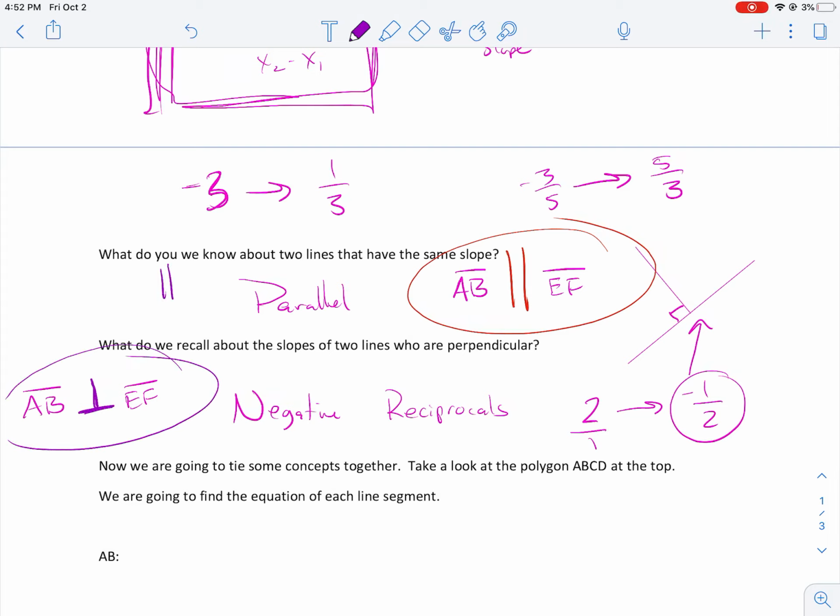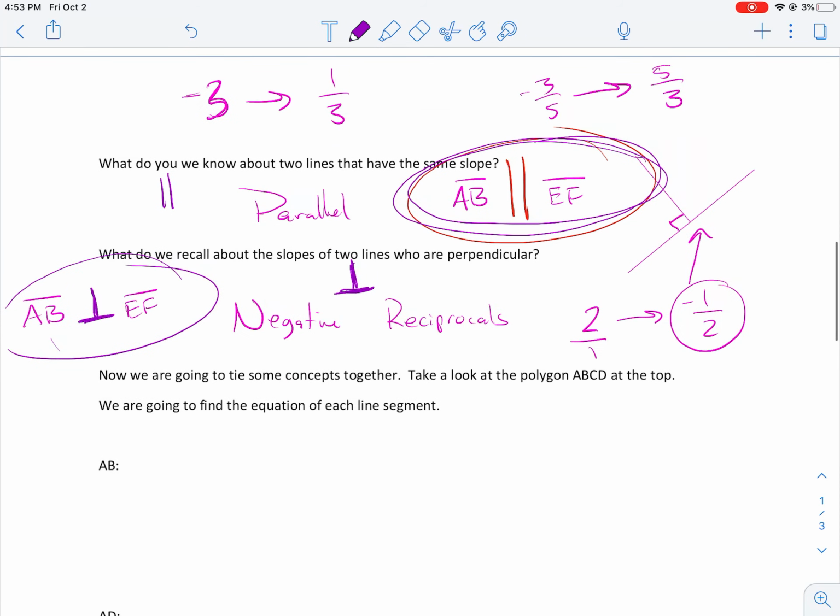If you ever come across that, that's what it means. Here on the left it's saying line segment AB is perpendicular to line segment EF, and up above it's saying line segment AB is parallel with line segment EF. That's what those symbols mean.